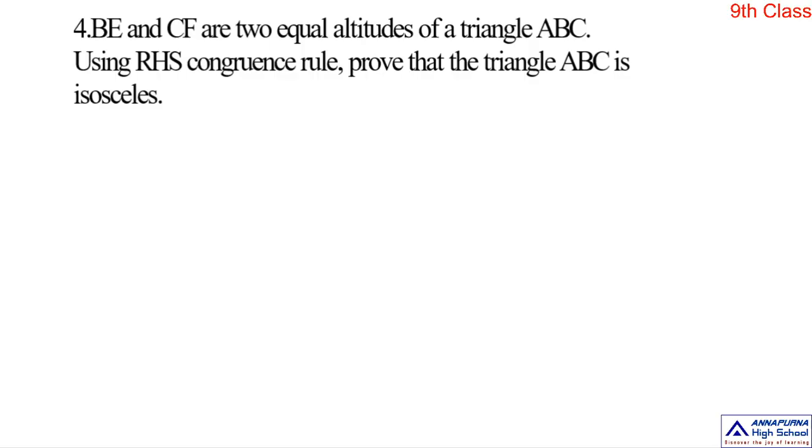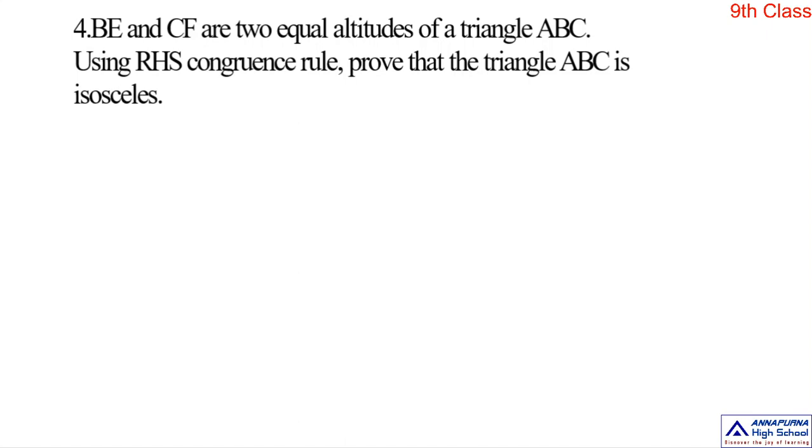In the previous video, we completed the second and third problems in exercise 7.3. Now, in this video, we are going to discuss the remaining problems. Let's start the fourth problem. BE and CF are two equal altitudes of a triangle ABC.